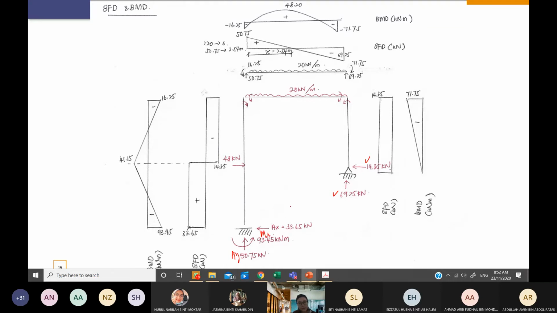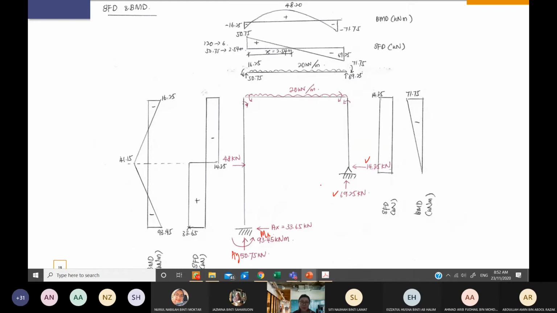Once you have solved for all the support reactions, you can draw using the area method, or you can use the cut section to get the moment equations. It will be up to you.